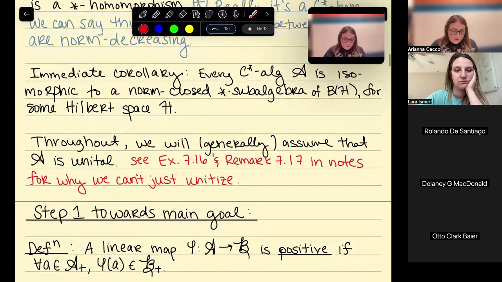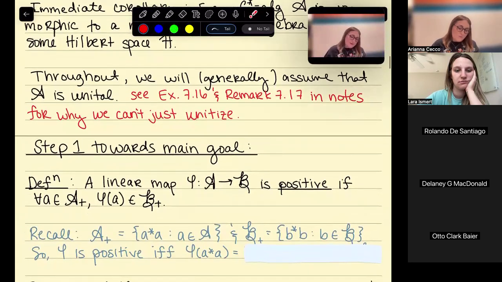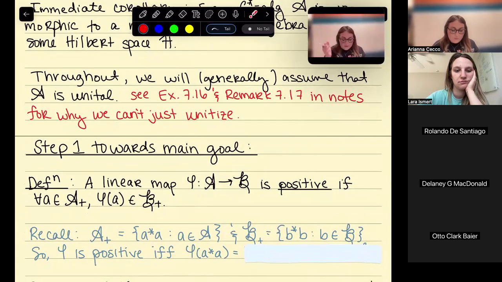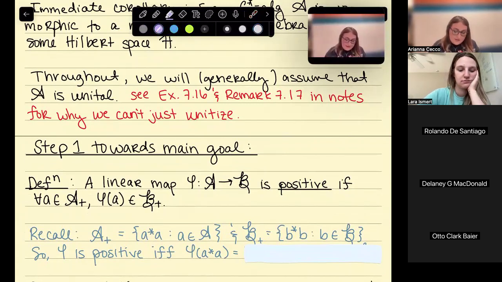So our first step towards proving theorem 7.1, first we want to look at this definition.